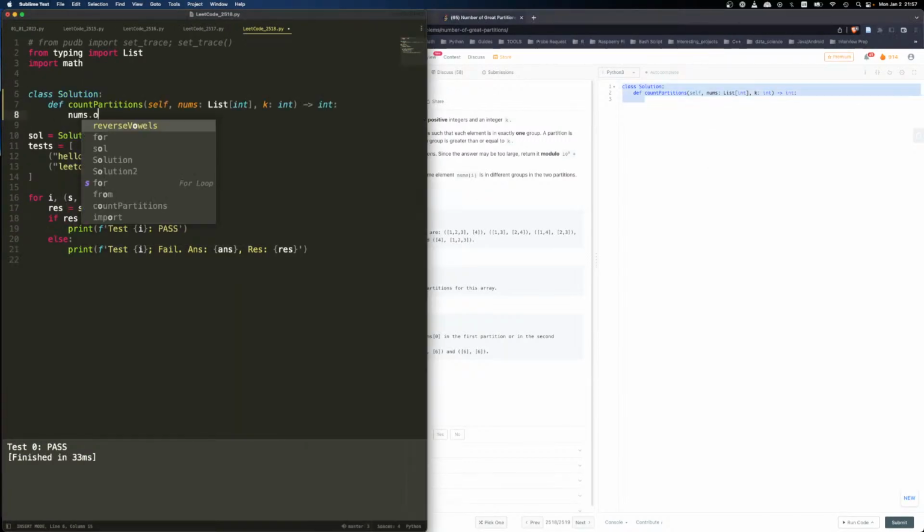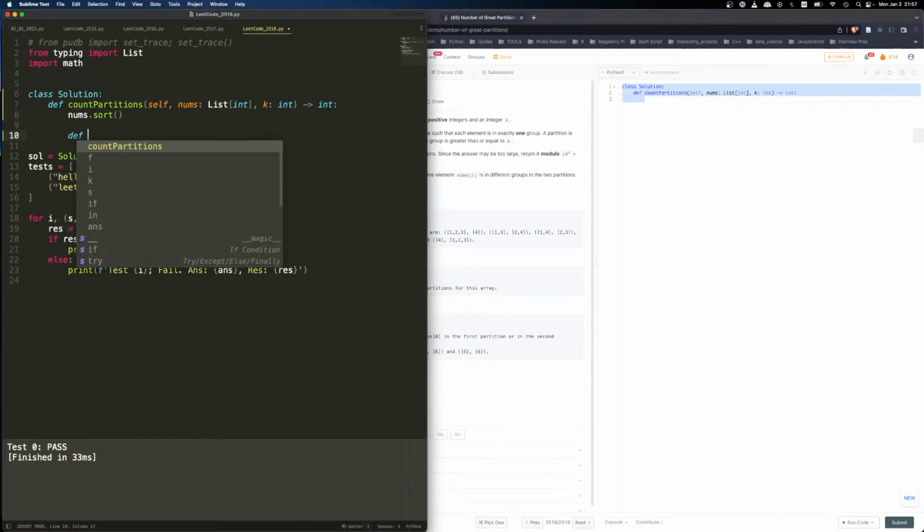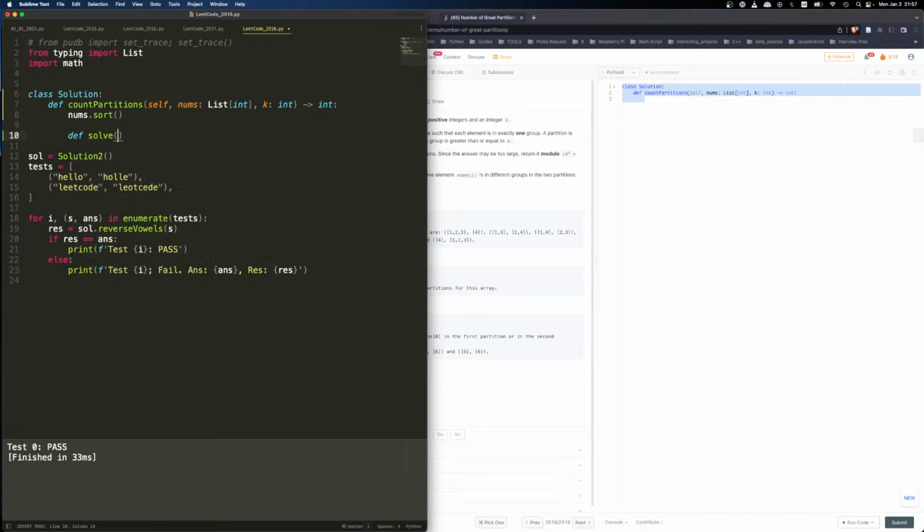Alright, we're going to nums.sort. We always sort it first. Def solve. We're going to have index, right, and then range, low and high. This is going to give me how many.